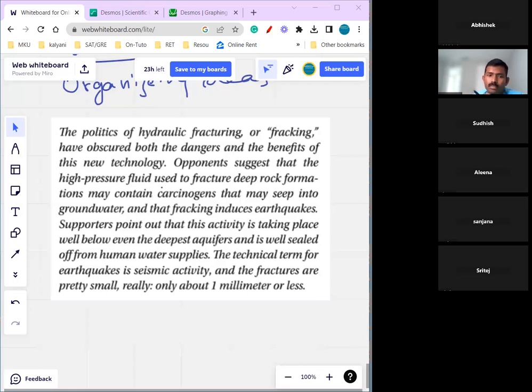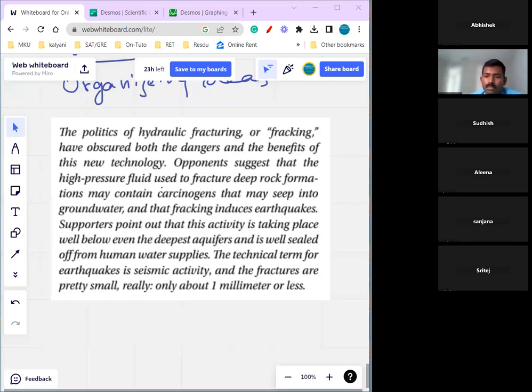The politics of hydraulic fracturing or fracking have obscured both dangers and benefits of this new technology. It started very nicely, but it does not maintain the focus or the tone for the rest of the paragraph. Phrases like "pretty small, really" are conversational, not the standard of the paragraph itself.